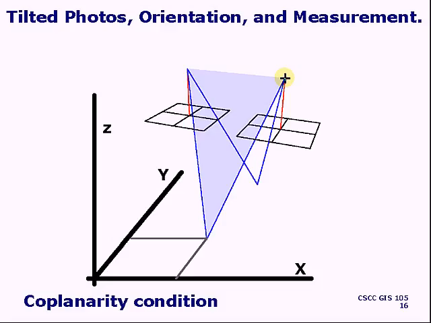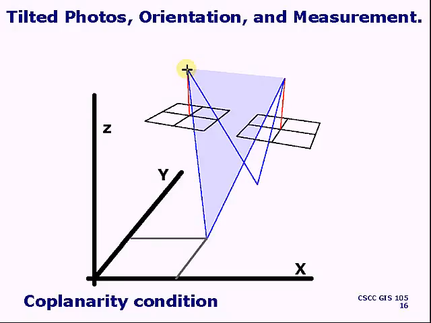But since we have stereo photos and there is overlap and everything is imaged twice, once in this photo and once in this photo, and of course the line travels from the ground through the photo coordinate and the other photo to the focal point of the camera.